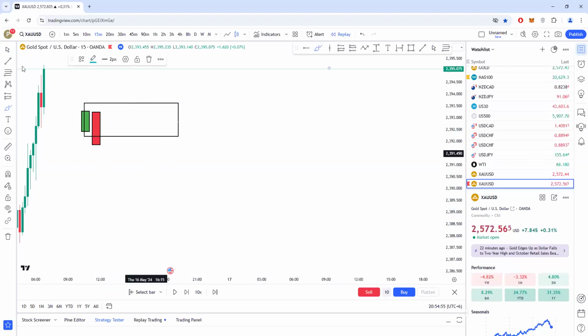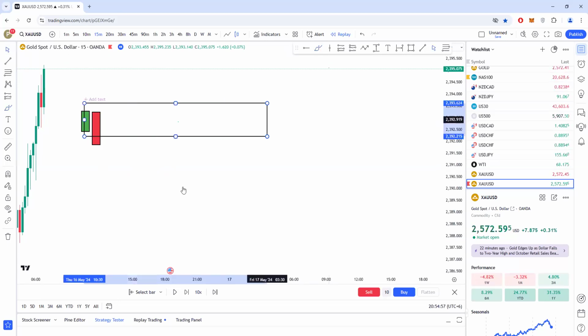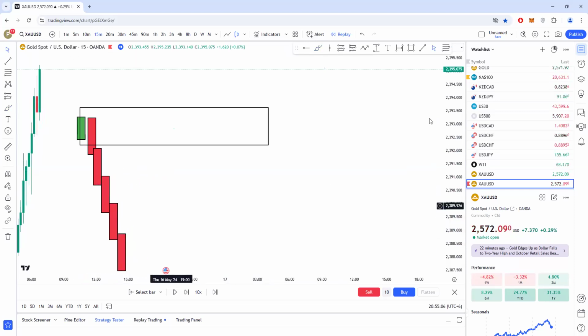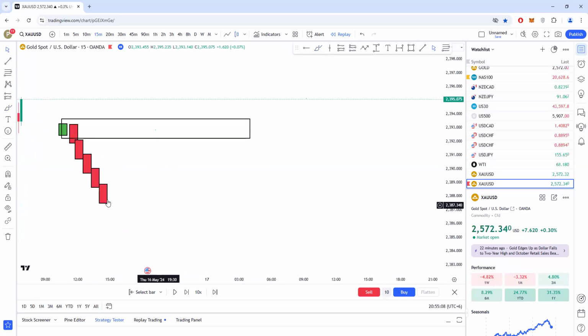Again, just 1 or 2 minutes, I'm just doing the illustration. The market is moving, coming down to the bottom area. Now it's moving to our engulfing sell area.